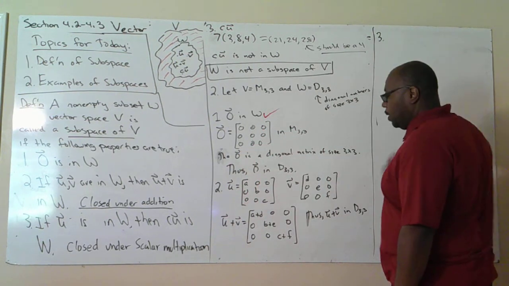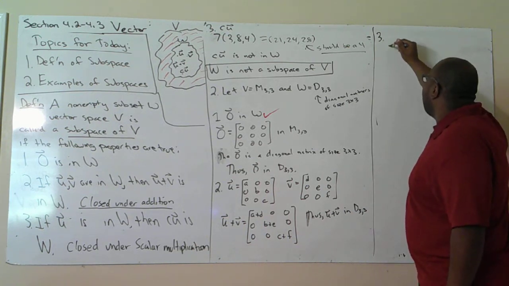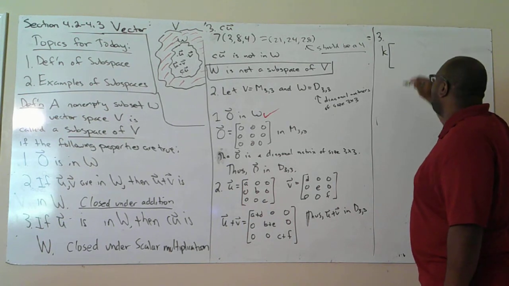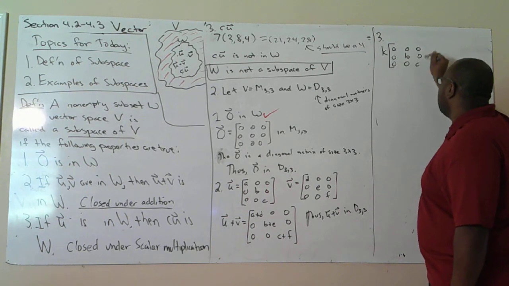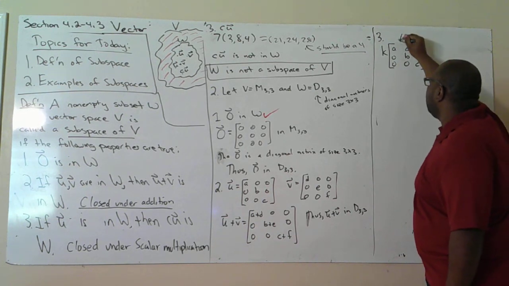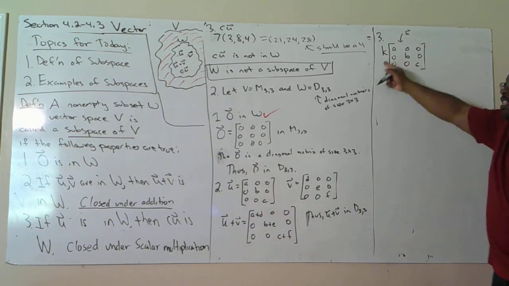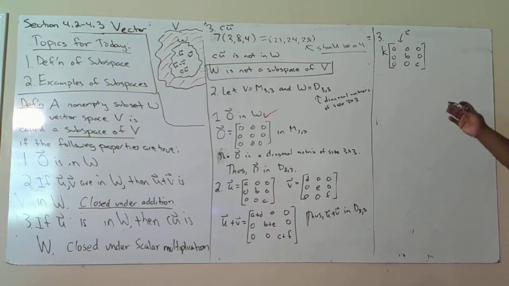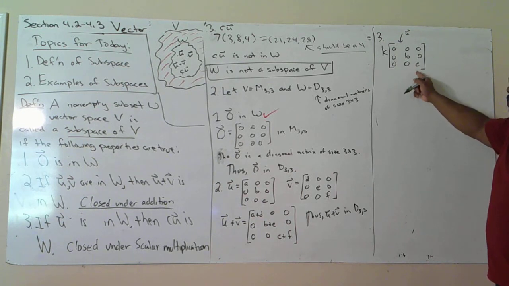Suppose I have K times U, and U is A, 0, 0, 0, B, 0, 0, 0, C. K is my scalar. I'm not using C, I'm using K.